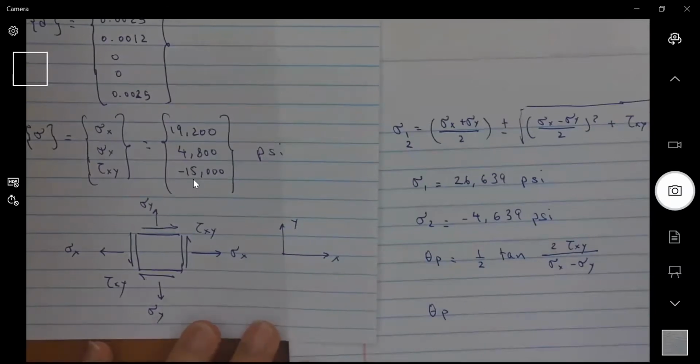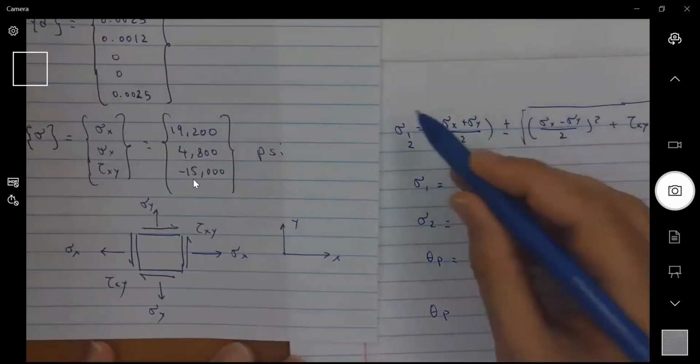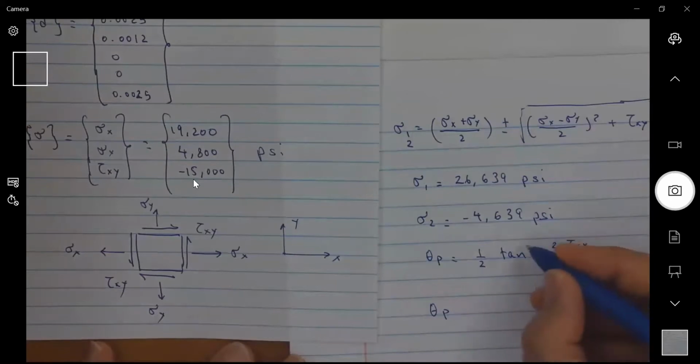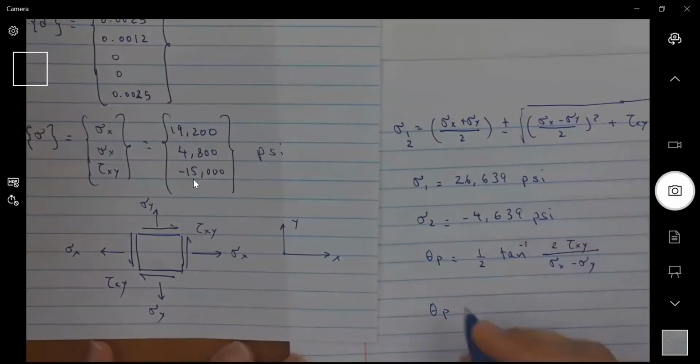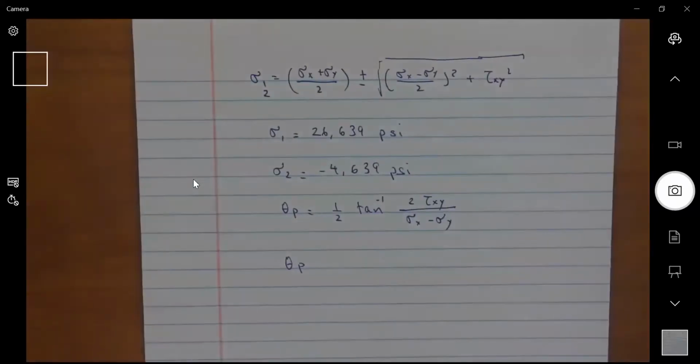Yes, it's sigma 1, 2, 1 and 2. The plus is for the 1 and the minus is for the 2. Okay, thank you.